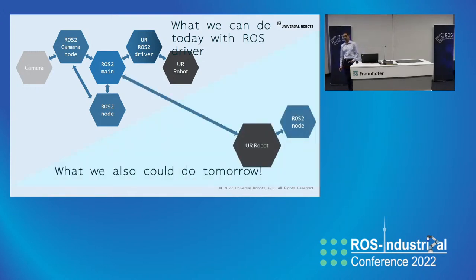programming a robot from our graphical interface is fairly easy. So you can do many applications that way. But some advanced applications where people want to use ROS are not possible, or at least it's very hard to do that.